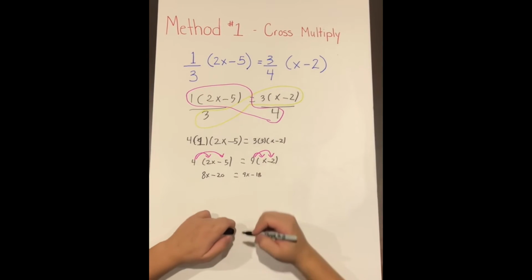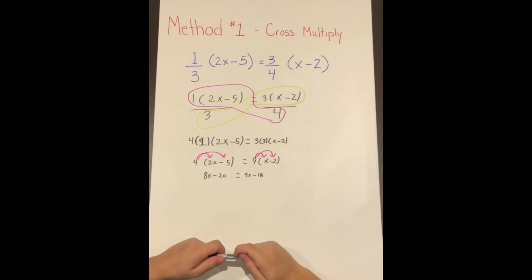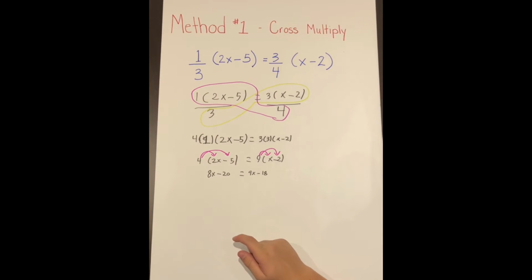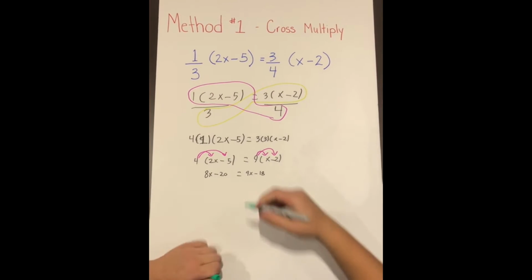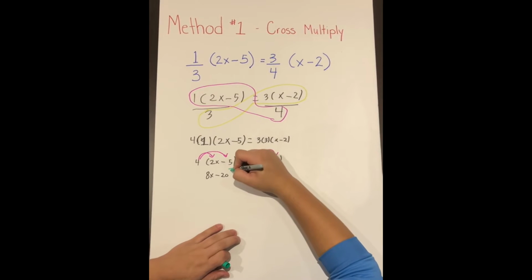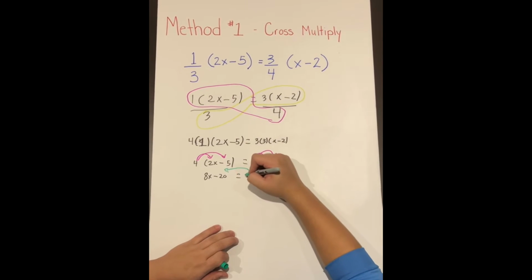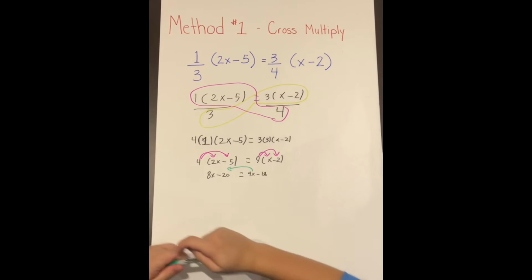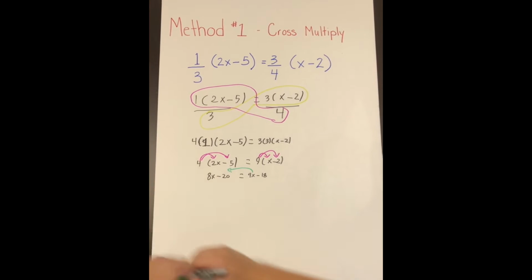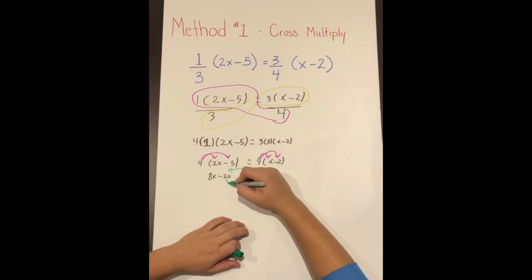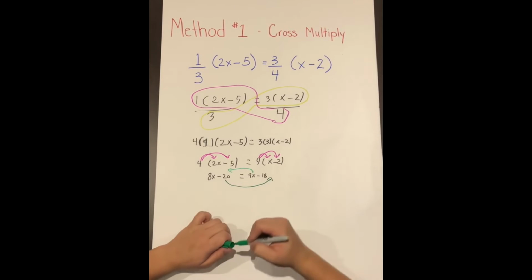After you do this, you have to do something called switch teams, change jerseys. So, the 9x would come over to this side, but this would become a negative, and the negative 20 would come over to this side and become a positive.